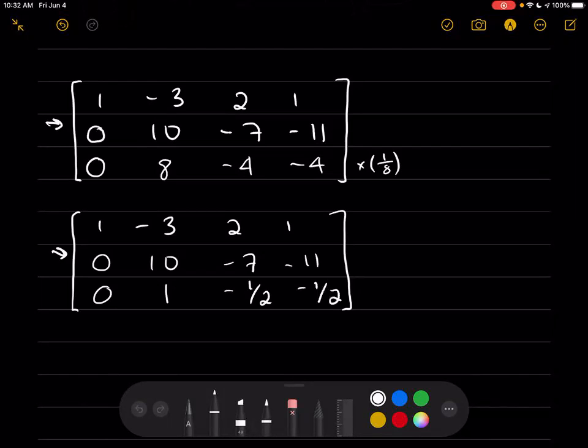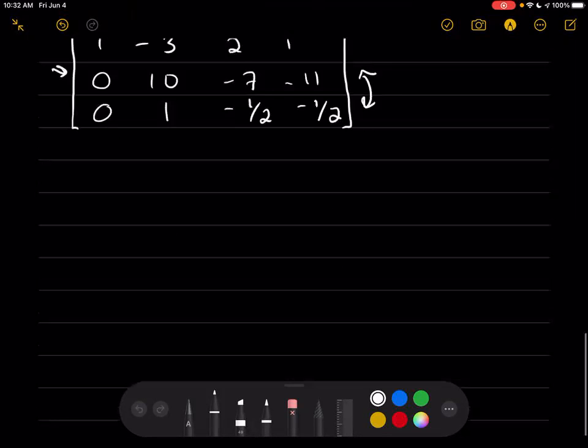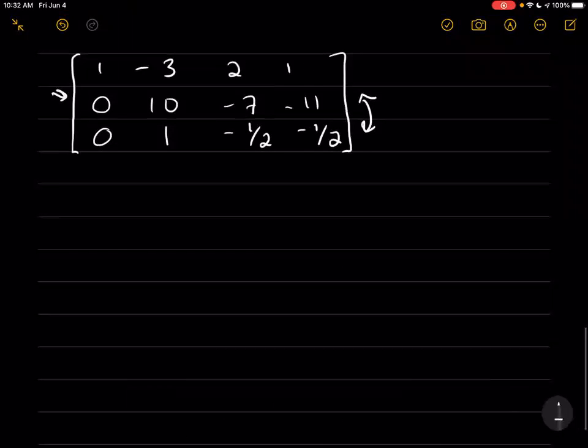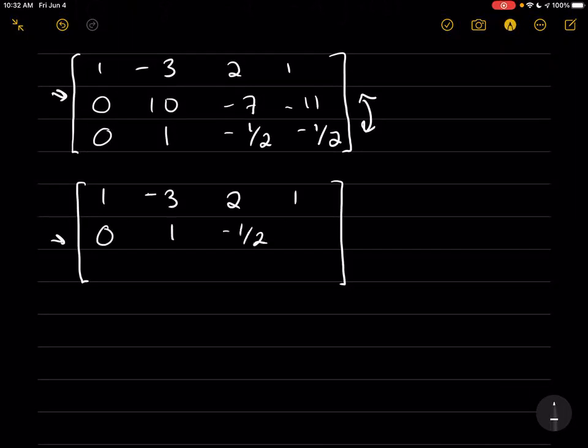Okay, now I'm going to go ahead and swap these two rows. So now the second row becomes 0, 1, -1/2, -1/2, and the third row is 0, 10, -7, -11.